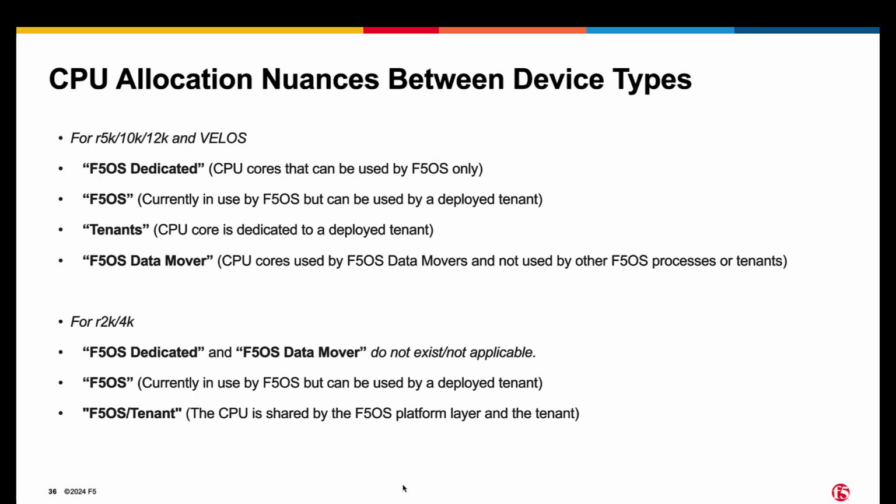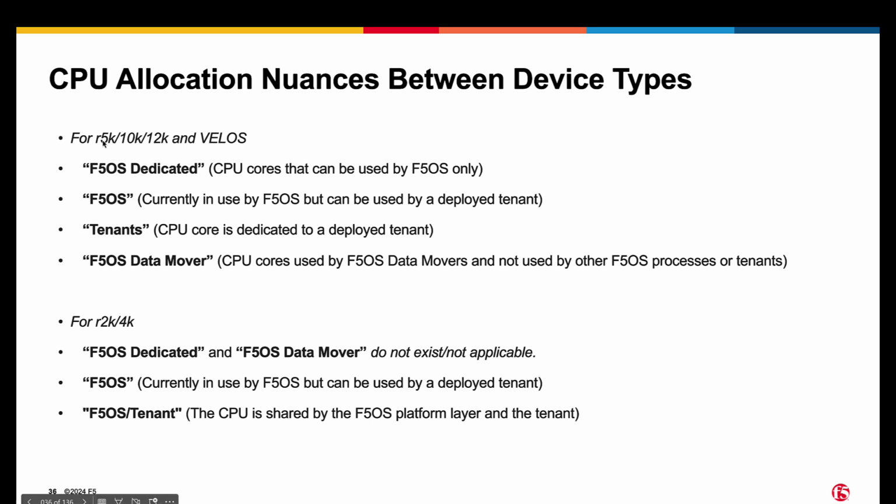As you can see on the screen, there are differences between how CPU is allocated on the R5K, R10K, R12K, and VELOS, and on the R2K and 4K appliances.